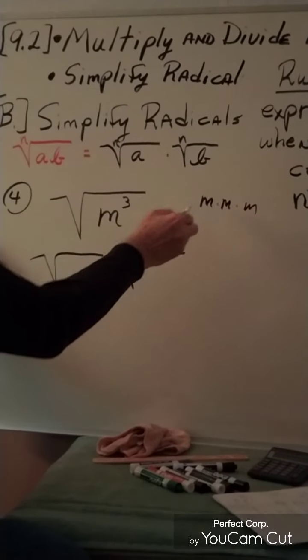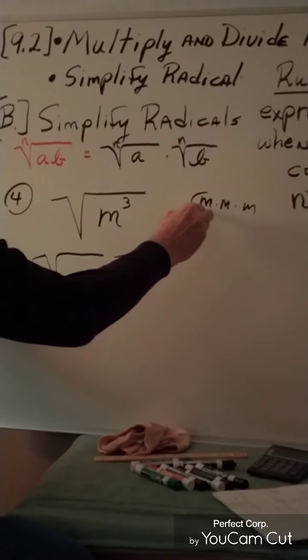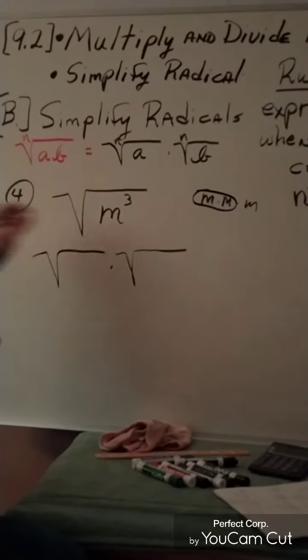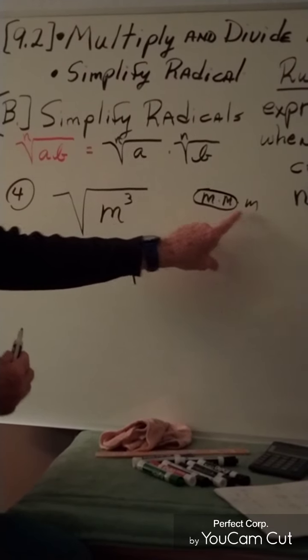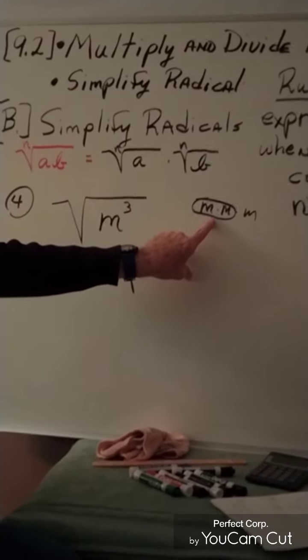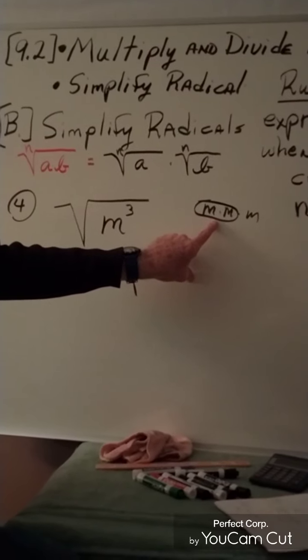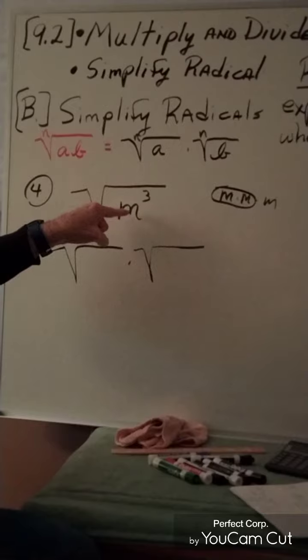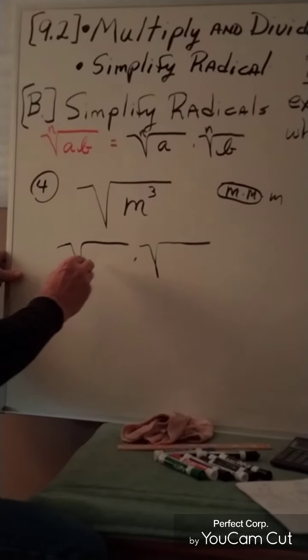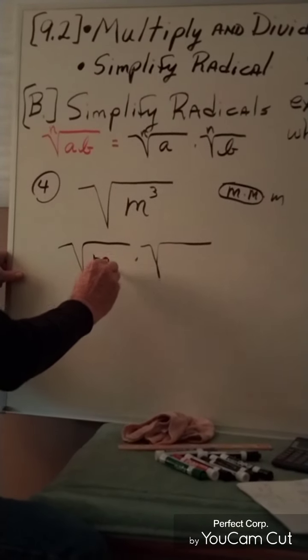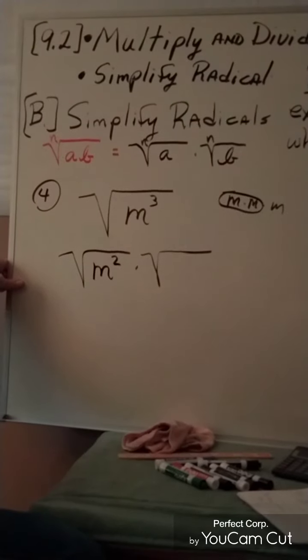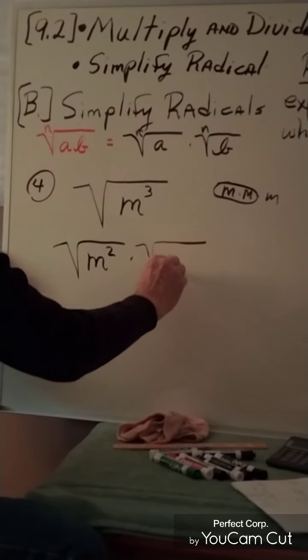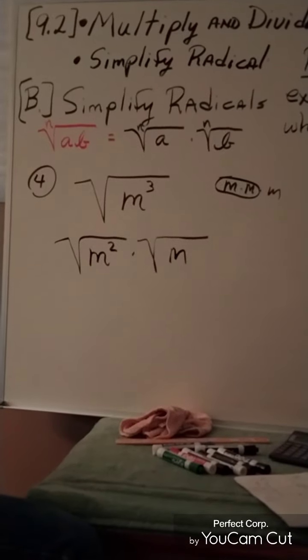You take any 2 of a kind. He's left over. That's the largest perfect square factor that m to the third has. What's the quick way? Decrease the 3 by 1. You'll be left with an m squared. M squared is the rational factor. And the leftover m is the irrational factor.